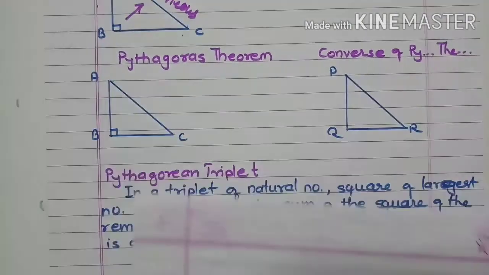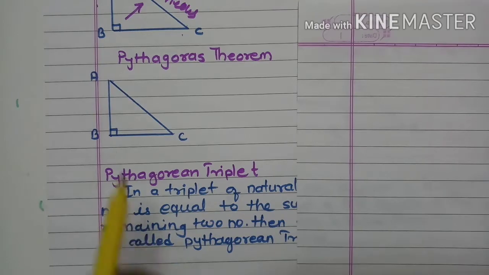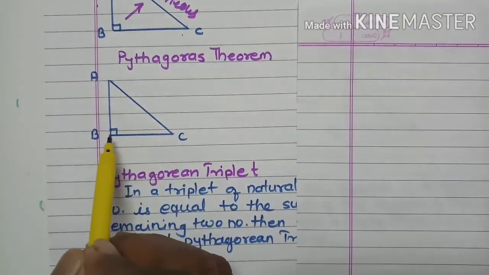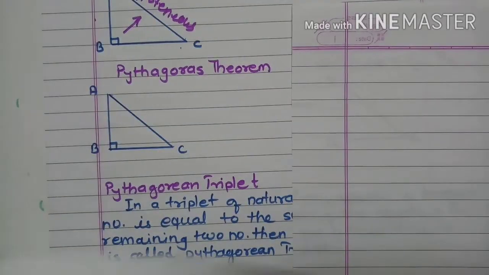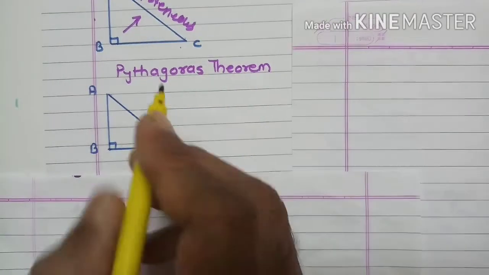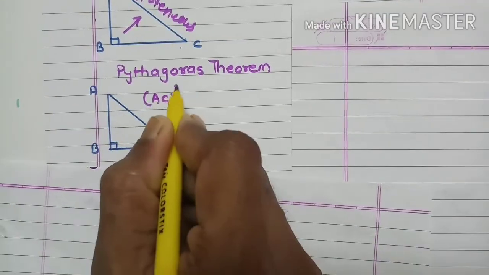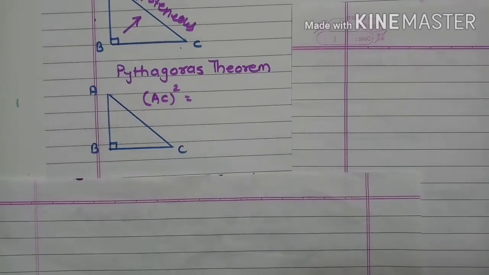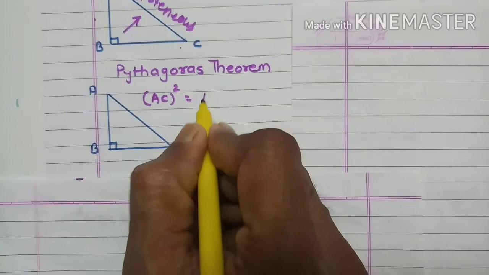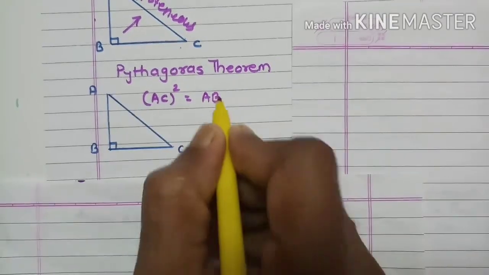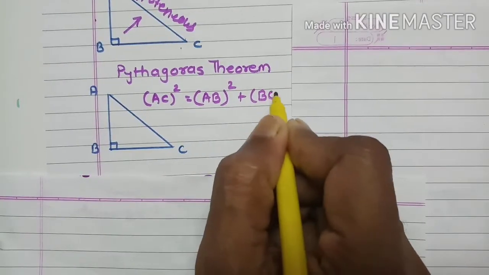So in this triangle ABC, angle B is 90 degrees, AC is the hypotenuse. So according to the Pythagoras theorem, the square of the hypotenuse, that is AC square, is equal to the sum of the squares of the remaining two sides, which are AB and BC, so AB square plus BC square.